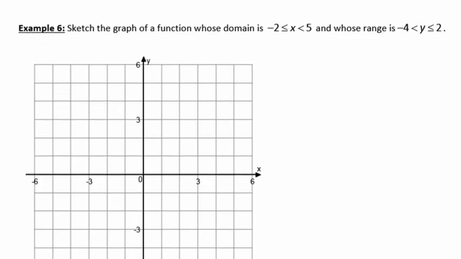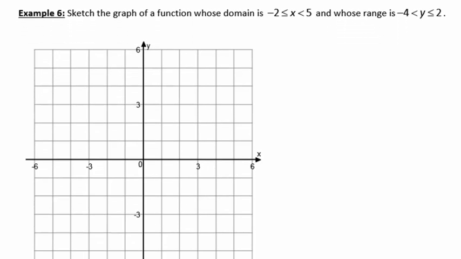In example 6, I have some conditions here. A domain and a range are given, and I want to draw the function that has that domain. The first thing I'm going to do is kind of dot out where the x values and y values need to lie. The x values need to be between -2 and 5.